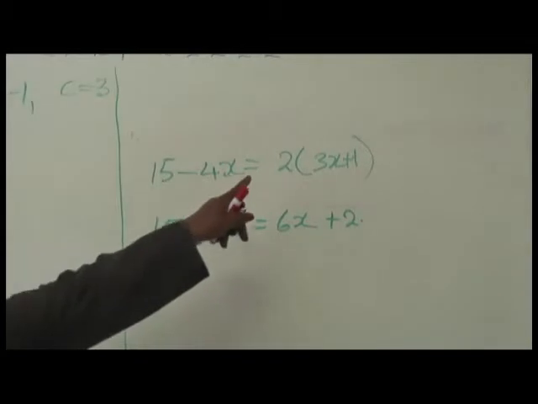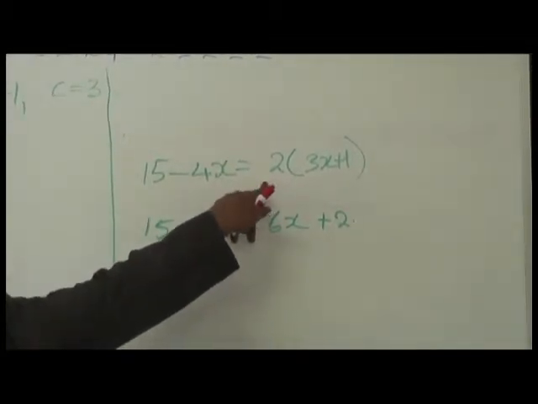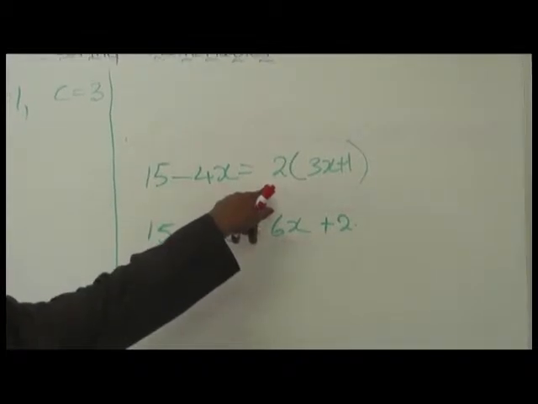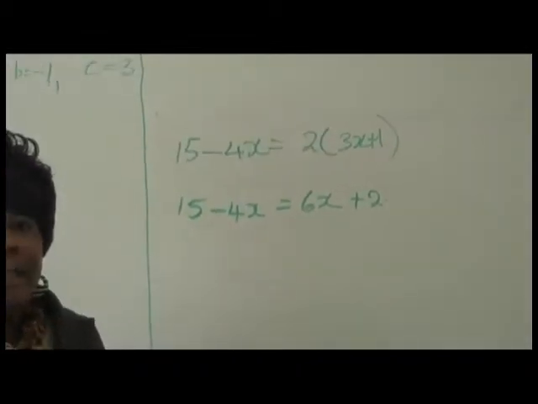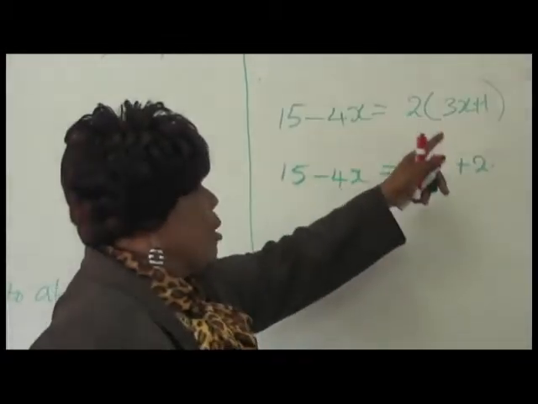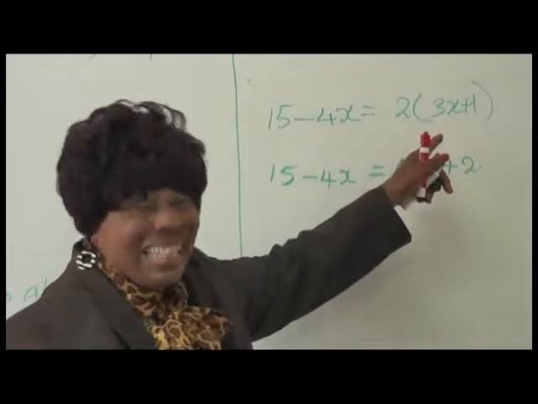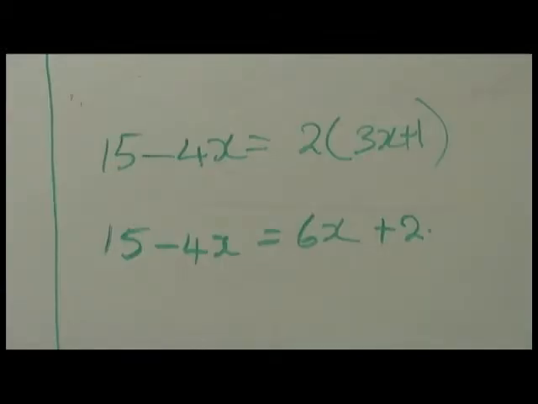Students, this is where you lose marks, because you forget that the scalar outside has to be multiplied by everything inside the bracket. So do not forget that. People quickly say 2 times 3 gives you 6x, and they forget to say 2 times 1. Everything in the bracket must be multiplied by the scalar outside, and the scalar means the number outside.